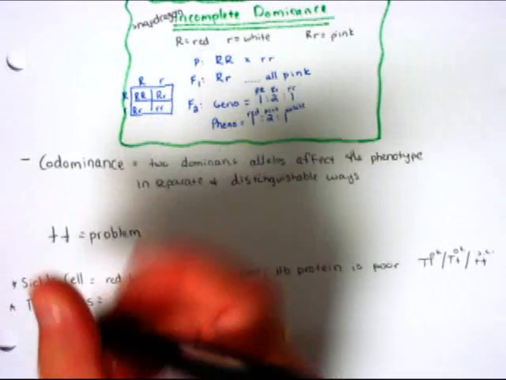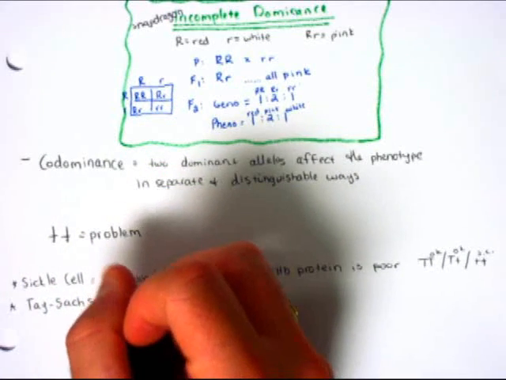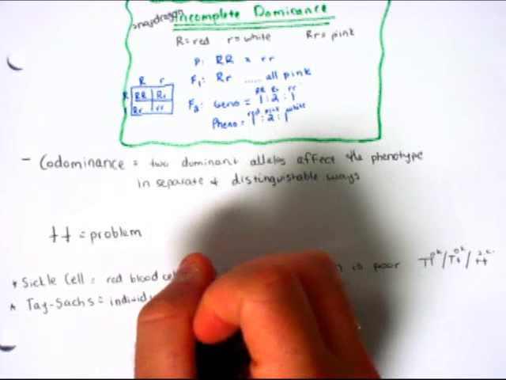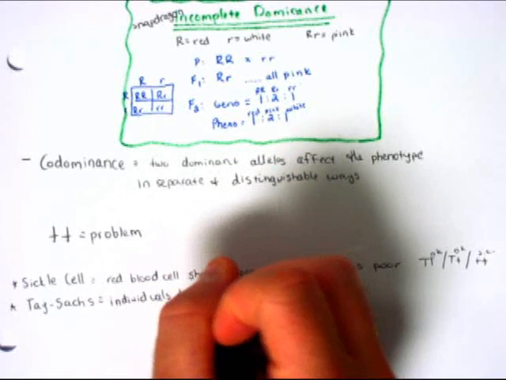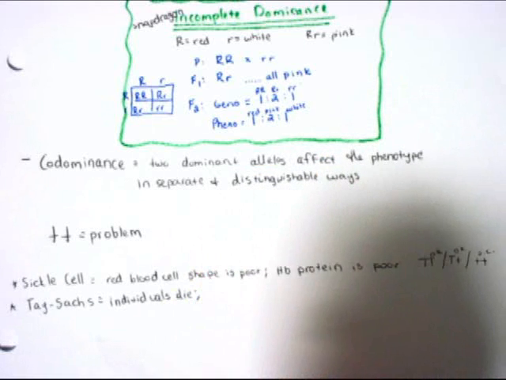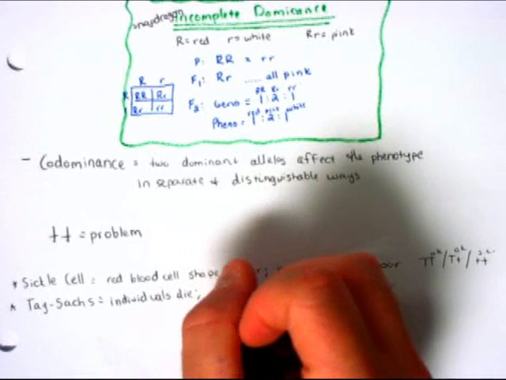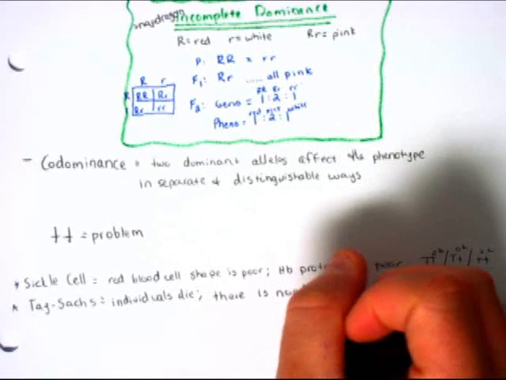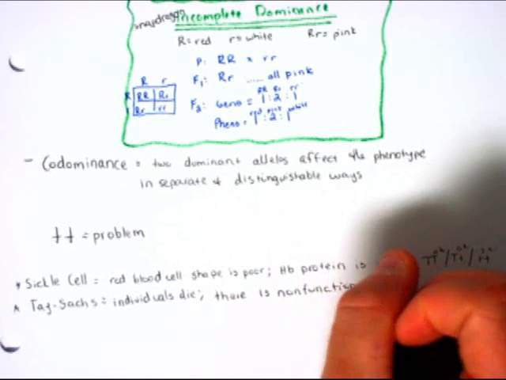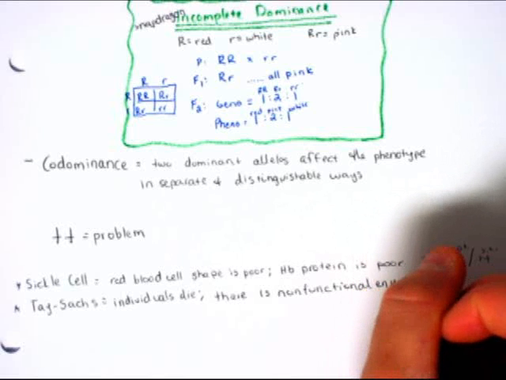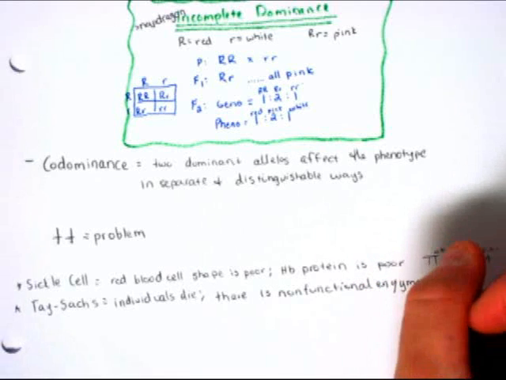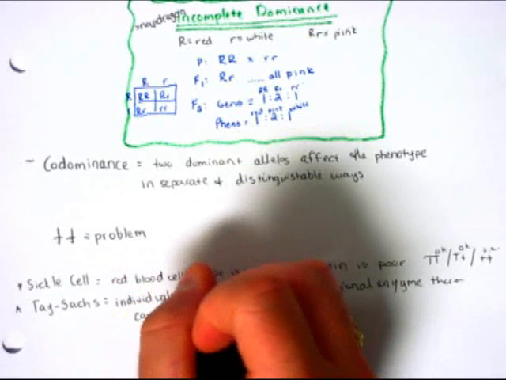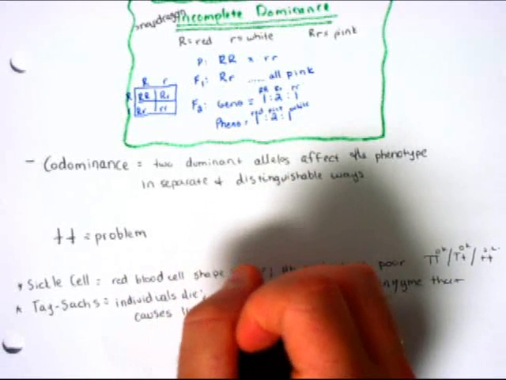Or Tay-Sachs. This is a different disease. You might not have heard of this. This is a case in which the individuals are guaranteed to pass away, and they'll die in infancy. The reason for this is that there is a protein that's messed up, a non-functional enzyme. What this non-functional enzyme does is cause lipid accumulation in the brain.